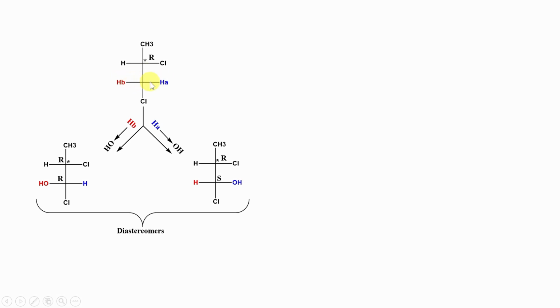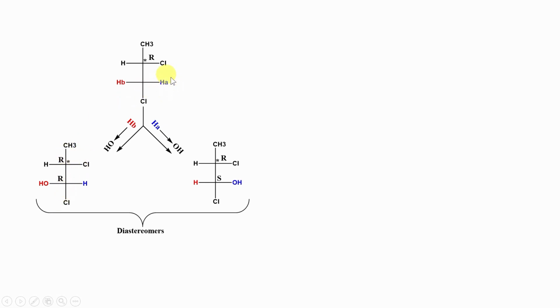If one of these hydrogens, for example the HB hydrogen of this achiral carbon atom, is replaced by an achiral ligand, for example OH, this achiral carbon atom becomes chiral. Thereby we will get 1,2-dichloropropanol.